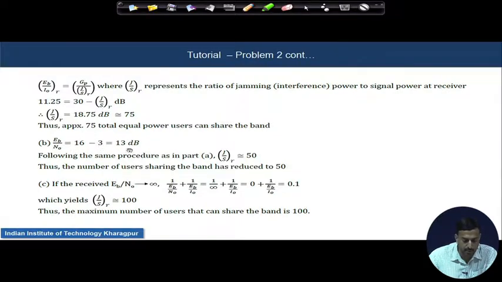So the new Eb by N naught ratio is 13 dB. You can proceed with a similar analysis in order to prove that the jammer to signal ratio now reduces, and so the number of users that can be supported also reduces. This is because of the reduction in the transmit power of the signal.